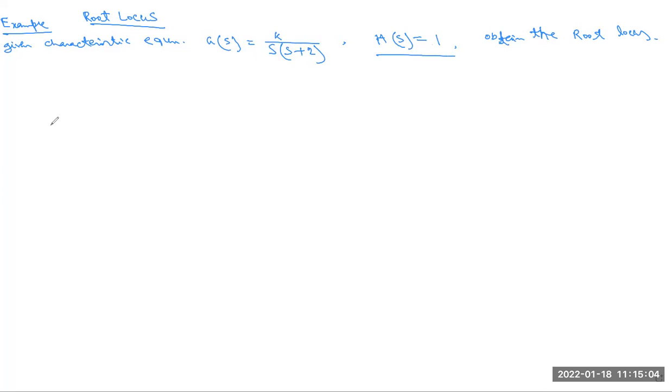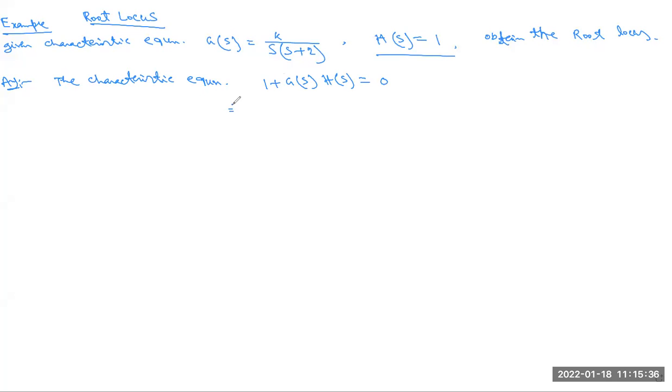Now how is it solved? First, the given characteristic equation is 1 plus G(s) into H(s) equals 0.